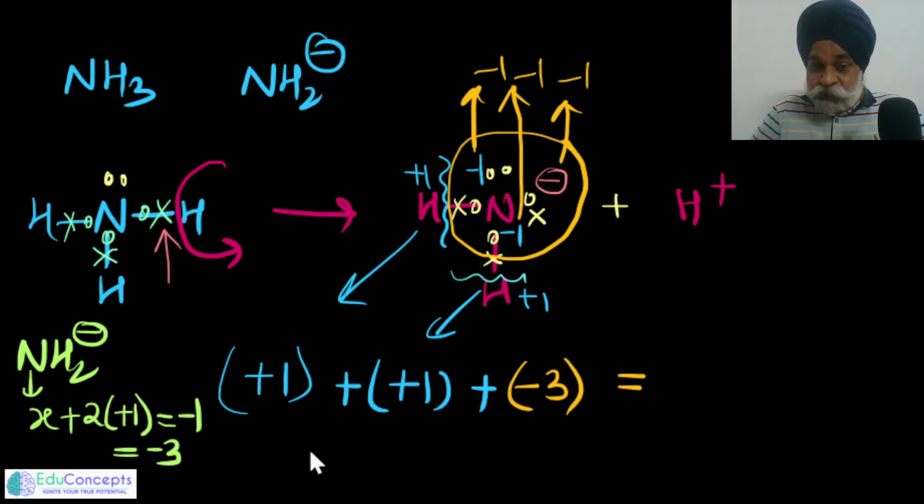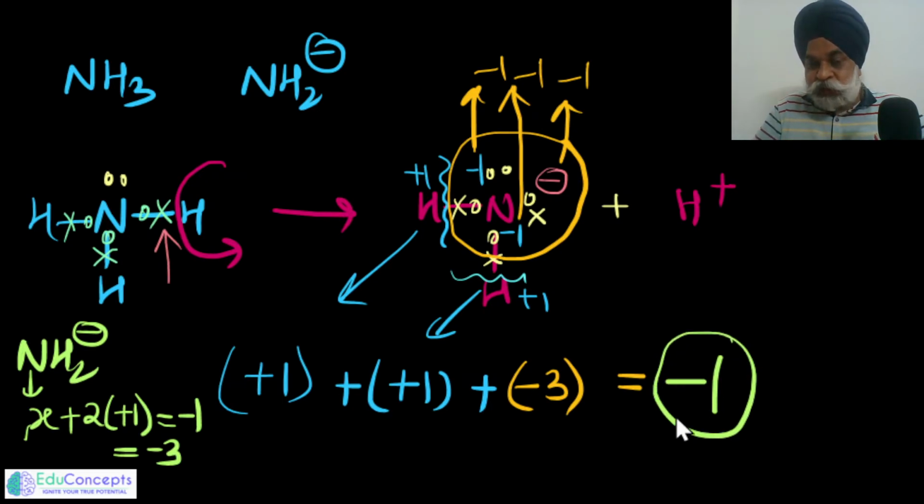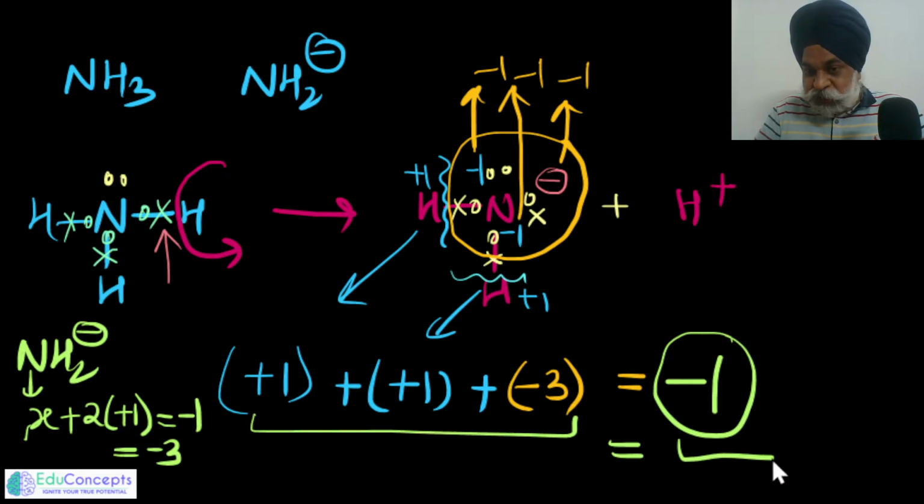So that makes sense, that when you have a given species as an anion or a cation, the algebraic sum of the oxidation states of all the elements happens to be equal to the charge on it. Why have we taken this charge as equal? Here it gets a meaning, because only then would the two terms equate. This side would equate to this side.